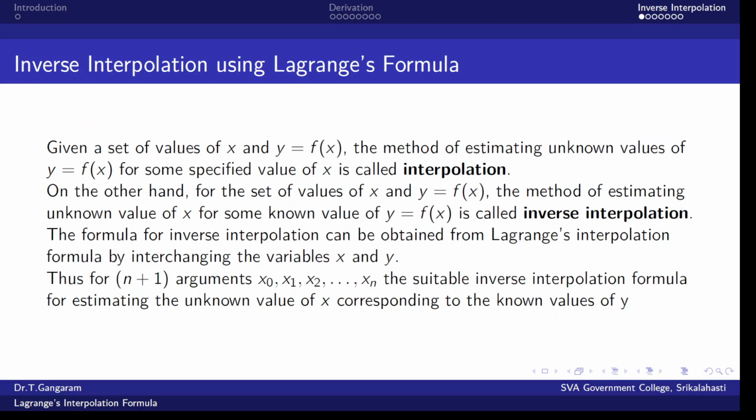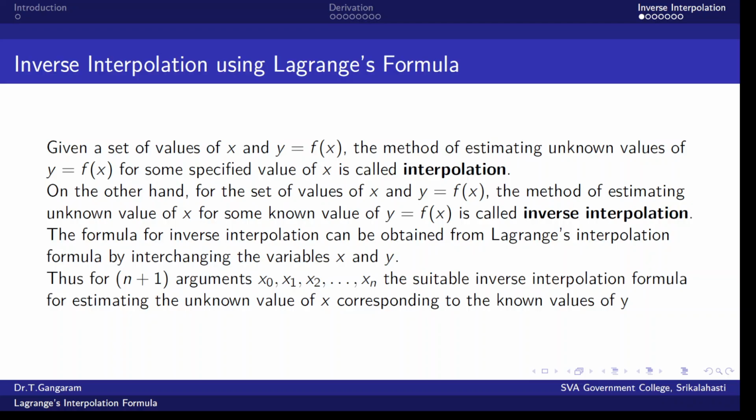The inverse interpolation using Lagrange's formula. Sometimes we need to estimate the value of x for given values of y. In those situations, we use inverse interpolation. The formula for inverse interpolation can be obtained from Lagrange's interpolation formula by interchanging the values x and y.